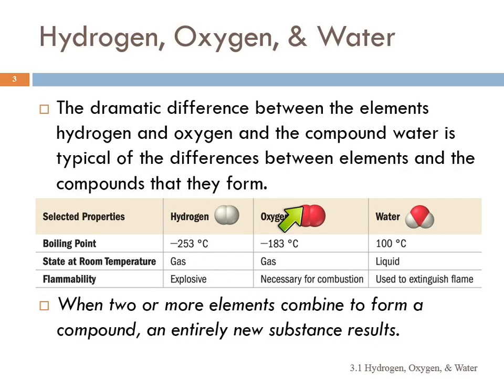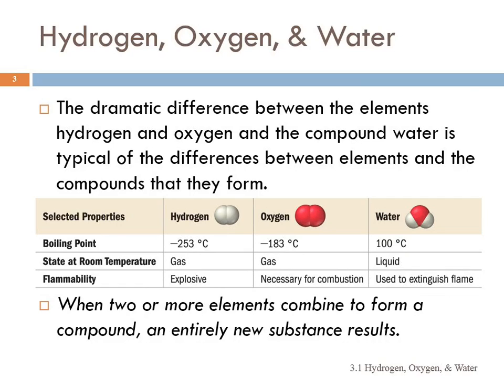If we take hydrogen and oxygen, though, and combine them into water, we get something that's a liquid at room temperature. The boiling point is 100 degrees Celsius, much above room temperature. And water is not flammable. In fact, we use it to extinguish fire. So we take 2 elements, we put them together, their properties change significantly, right?